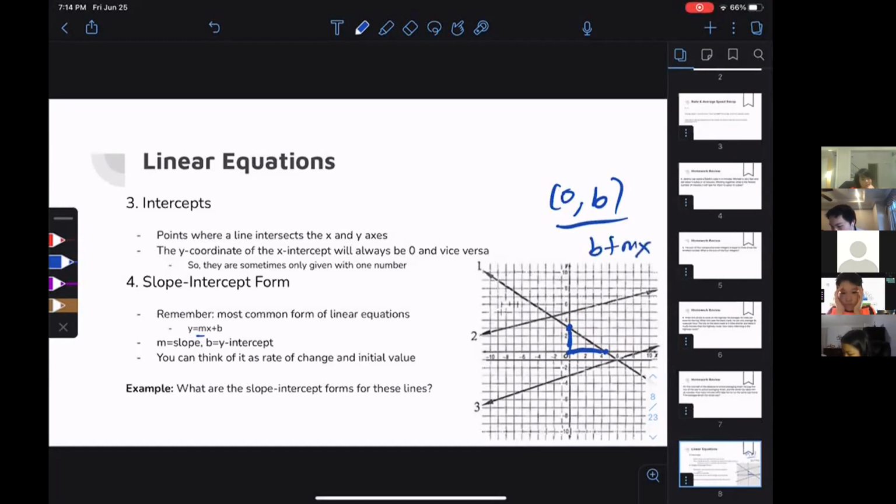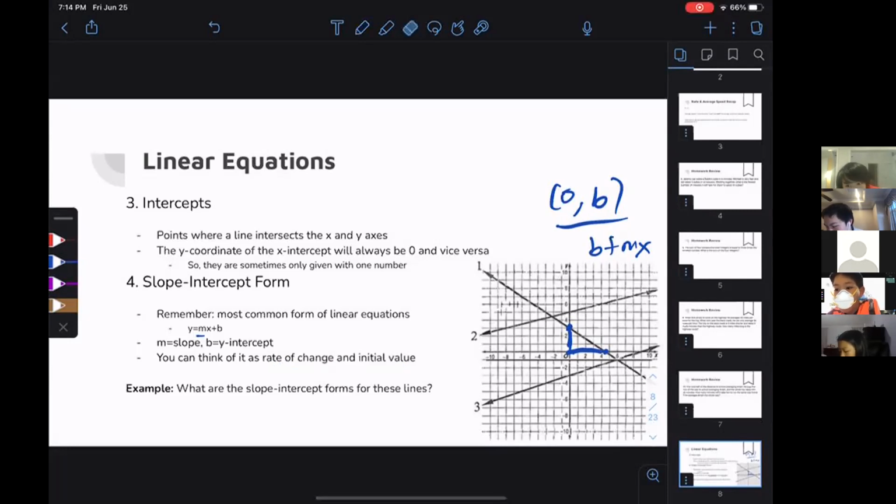It gives the y coordinate. And that's how you interpret slope-intercept form, as how you get the line from it. Just like it says here, you can think of it as rate of change and initial value given, b being the initial value, m being the rate of change.